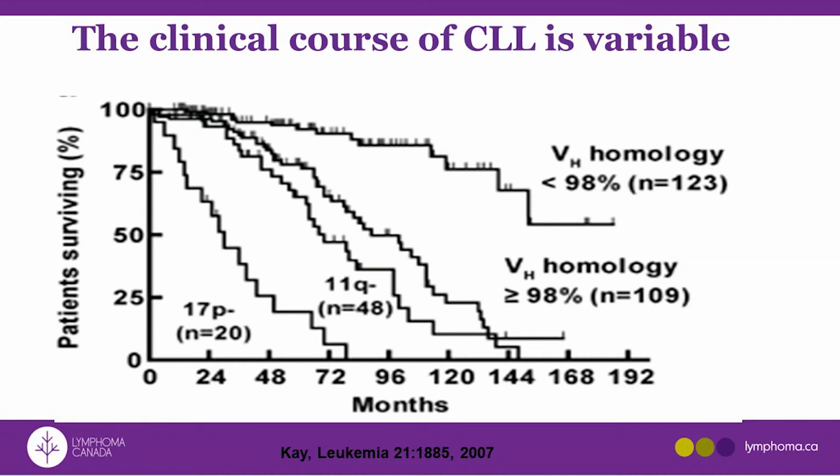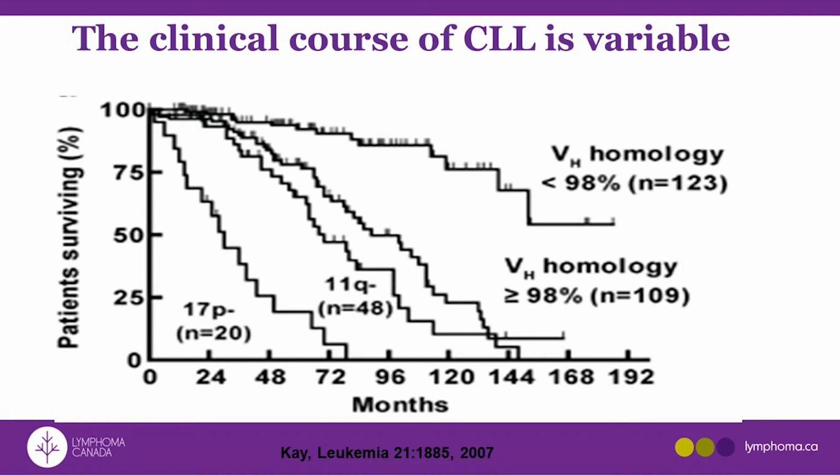This is a figure actually from 2007, so it doesn't really apply today, but it does emphasize the variability in the disease. So this is a figure showing the percentage of patients who survive after the diagnosis of the disease, and this is the time in which they're followed. So quite a long period of time, 192 months, many years.